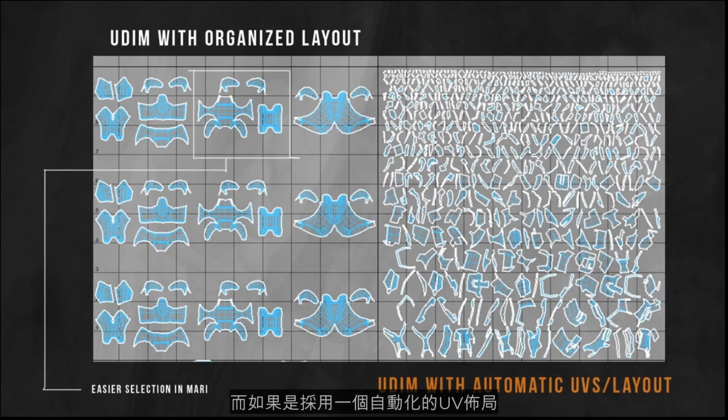Because if you have automatic UV layouts, it would be a nightmare to select them. So especially if you're working in a company, it's really considerate to organize the UVs properly and make sure that the texture artists have a good layout to work with.